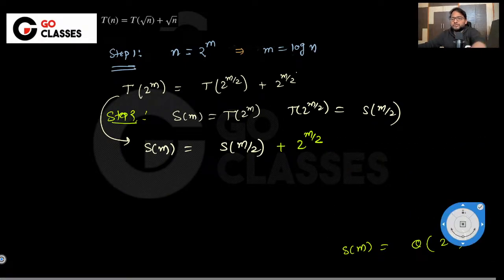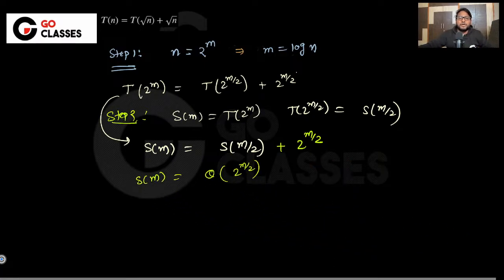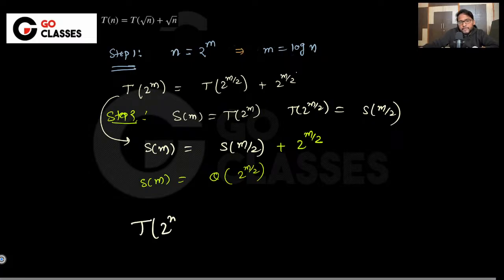But we want the answer for Tn. This Sm is nothing but T of 2 power m. So T of 2 power m is theta of 2 power m by 2. But you want it in terms of n.